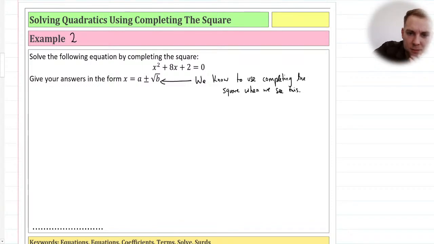So let's write down our equation first of all. X squared plus 8x plus 2 is equal to 0.